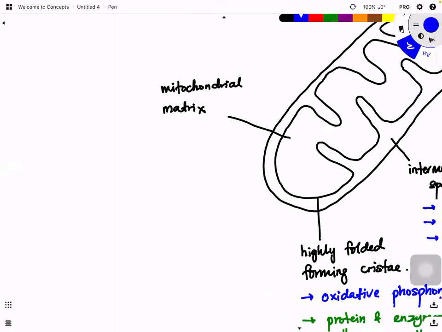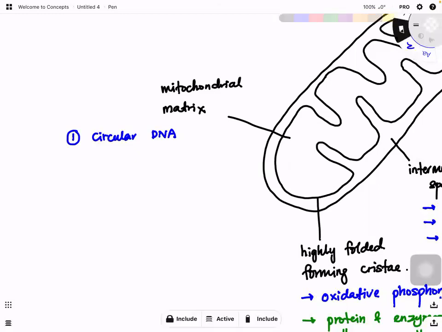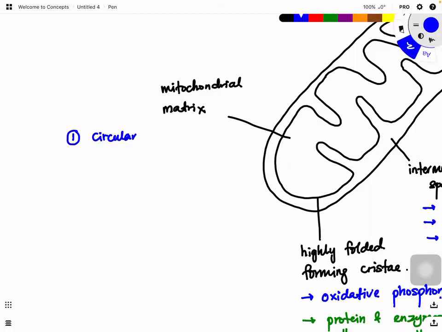First of all, in this mitochondrial matrix, we can see that they have circular DNA. So what is the role of this circular mitochondrial DNA?